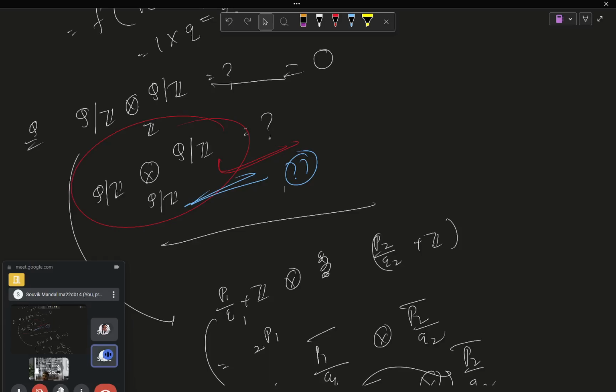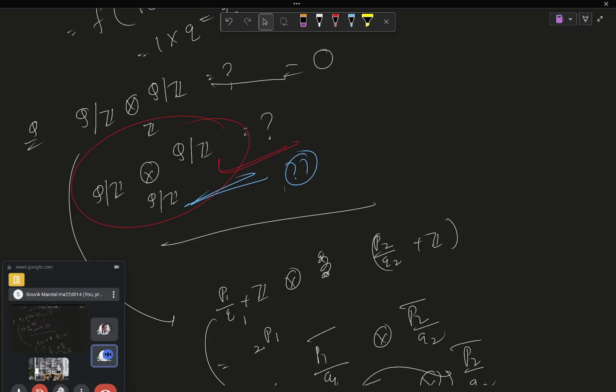So whatever the QZ tensor QZ over, I mean Q by Z tensor over Q by Z, taking over Q by Z. What is the answer? Just look at the question and think about it, because we are doing the same ring over itself as a module.